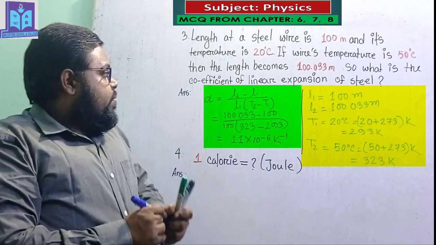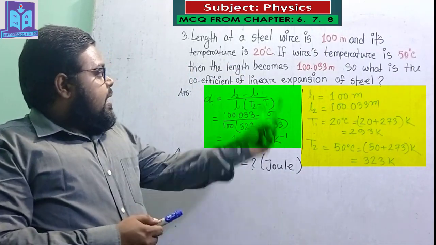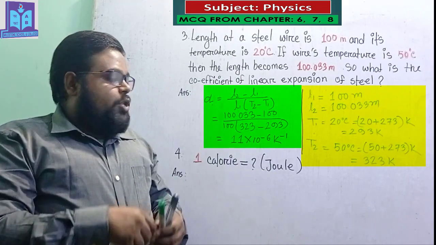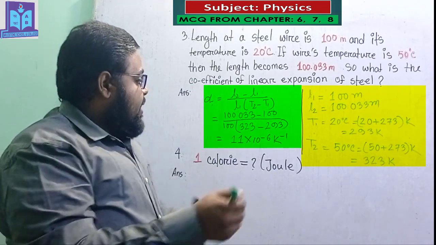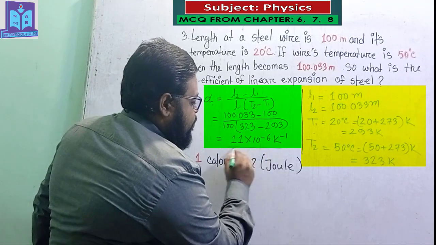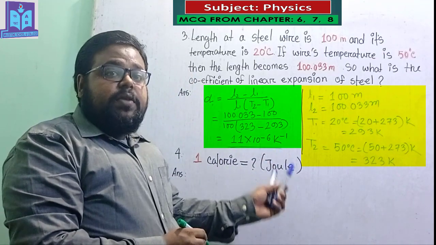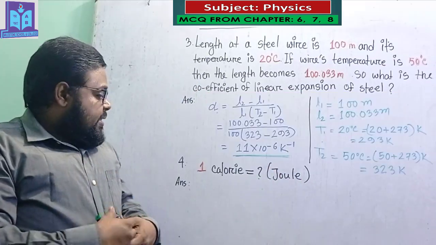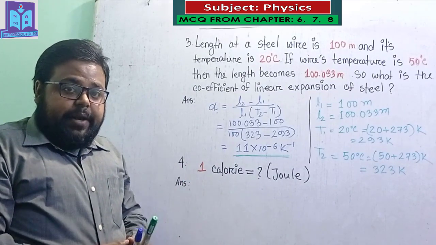So the coefficient of linear expansion of steel is 11 into 10 to the power minus 6 per Kelvin, and this is our number 4 question.